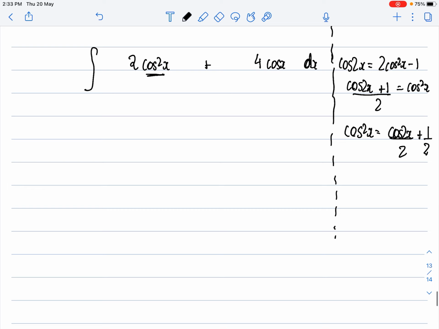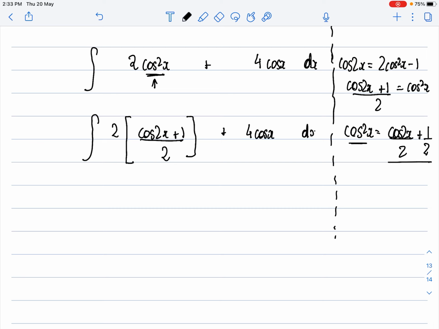So now I can substitute the value in the place of cos square x. So now I get 2 into cos 2x plus 1 over 2, correct? Plus 4 cos x dx.